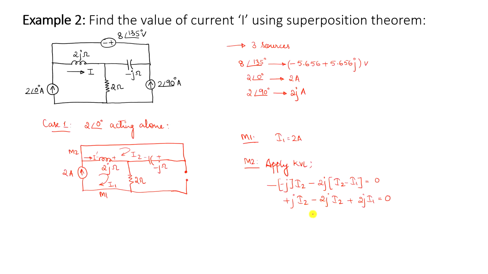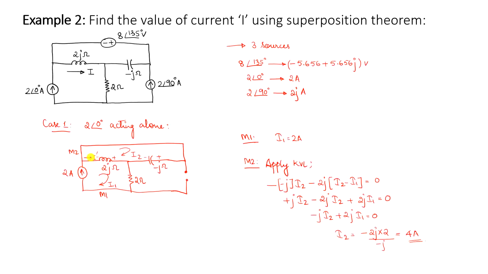So this is equal to minus jI2 plus 2jI1 equal to 0, or I2 is equal to, when you bring it to the right hand side, this also becomes negative, minus 2j into I1 value, which is 2 amps, divided by minus j. So this j gets cancelled and the value will be equal to 4 amps.